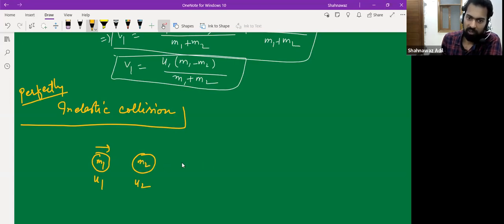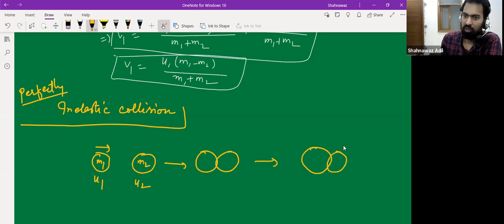They collide and they move together with some velocity v. Right. So this is the example of a perfectly inelastic collision.